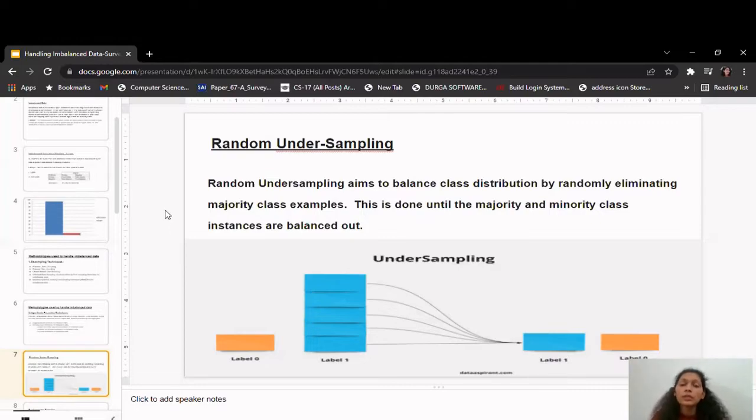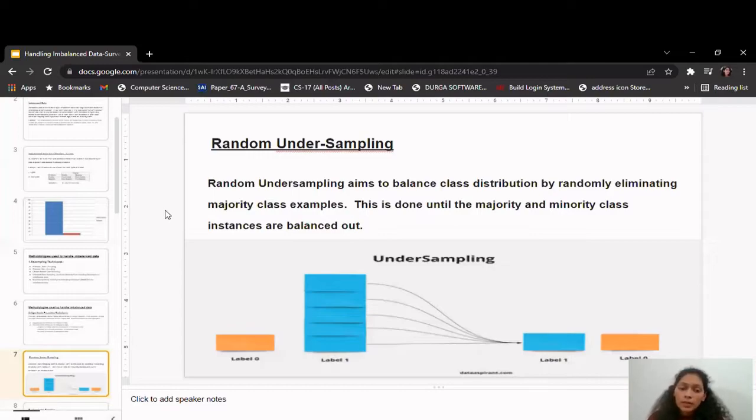So what we basically do is that we undersample the major data, the major class. This is not such a good method to do, because we are basically reducing our data by which we are going to train our model.